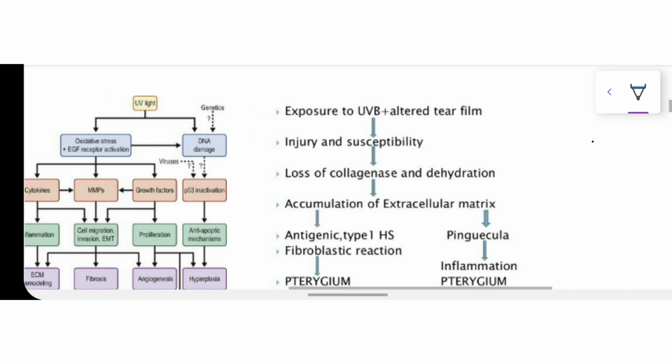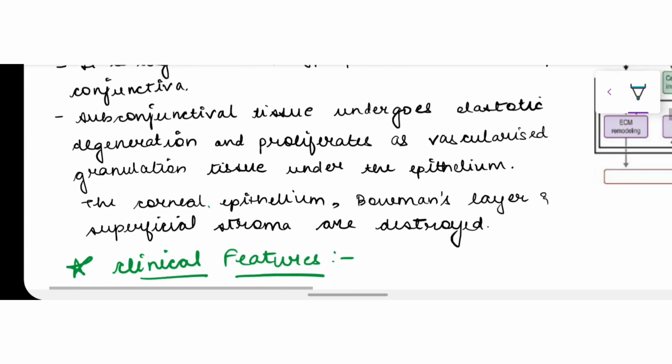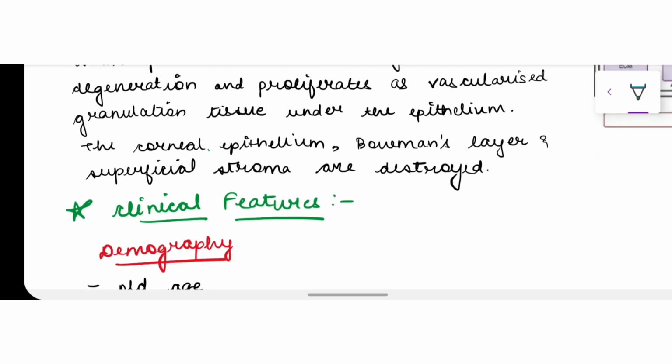So the subconjunctival tissue undergoes degeneration, and there is formation of granulation tissue. Now the granulation tissue goes on proliferating, and there is hyperplasia of the conjunctiva beneath the conjunctival epithelium. This conjunctiva keeps on growing and reaches the cornea. This is more common on the nasal side.